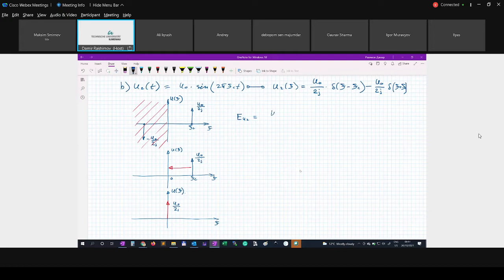We have U0 over 2, I omit the imaginary part, plus, this is for, let's say, the positive delta pulse. And then we have U0 over 2 squared, it's for the negative delta pulse energy. And as a result, the final energy will be U0 squared over 2.